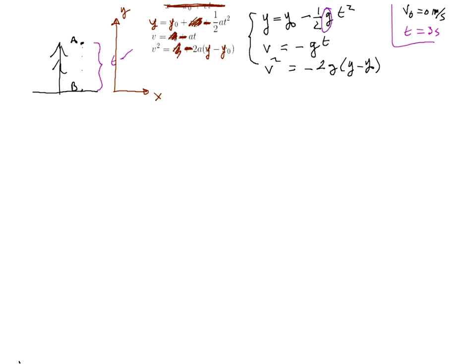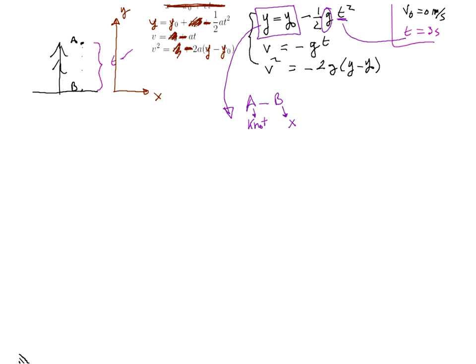It has T, which is known. And therefore, we're going to look for y minus y naught. And remember, this equation is applied between 2 points, A and B. A refers to the variables that have a naught, and B refers to the variables that don't have a naught.